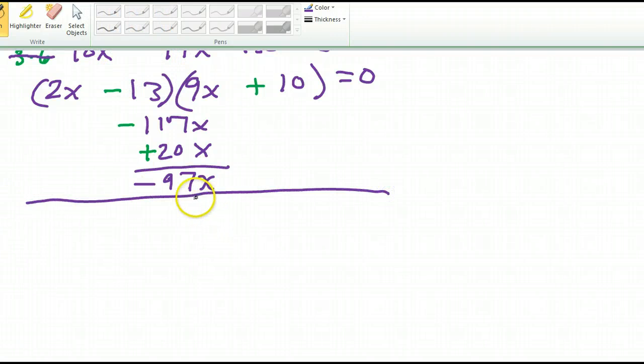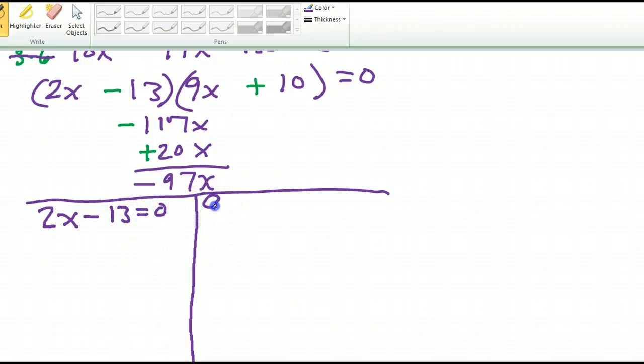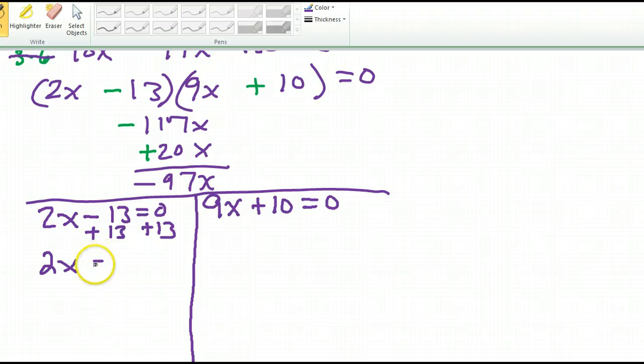Now it's time for the zero product property. We know if we have 2x minus 13 equals 0, that will give us one solution, or x plus 10 equals 0 will give us the other. Adding 13 to both sides gives us 2x equals 13.